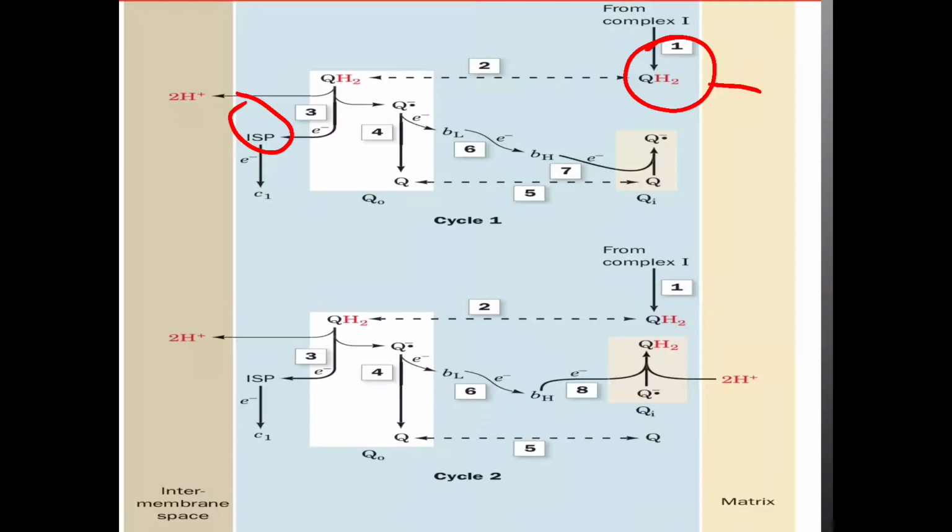The plastohydroquinone is moving towards the ISP, the Rieske iron sulfur cluster or protein.